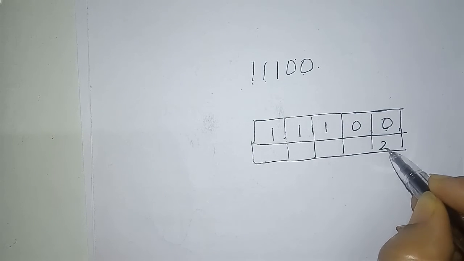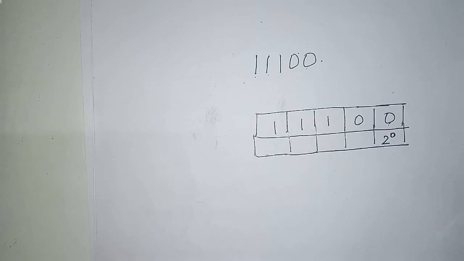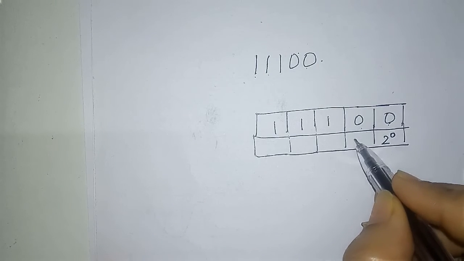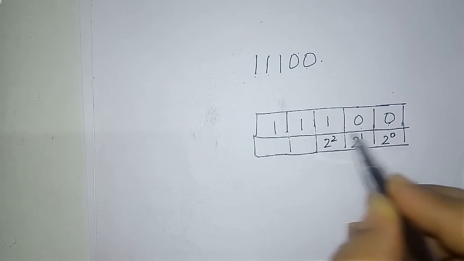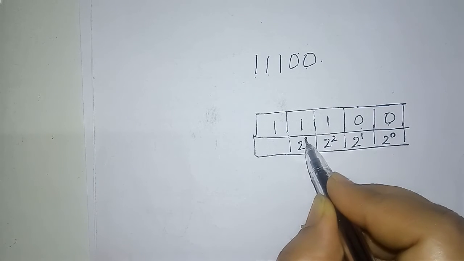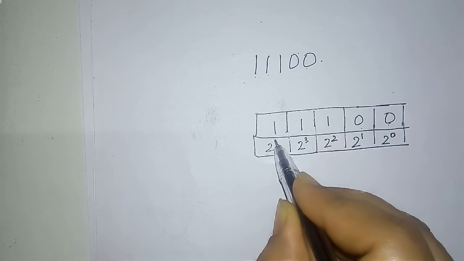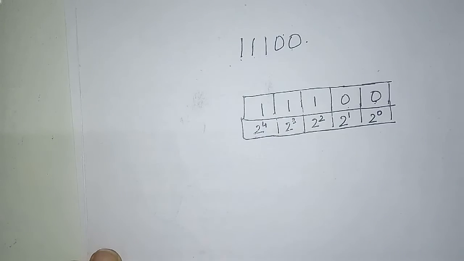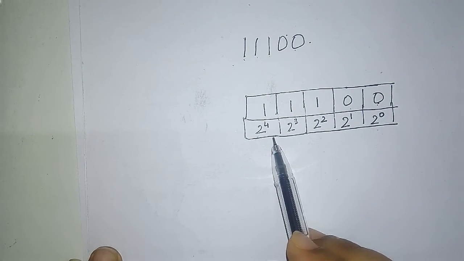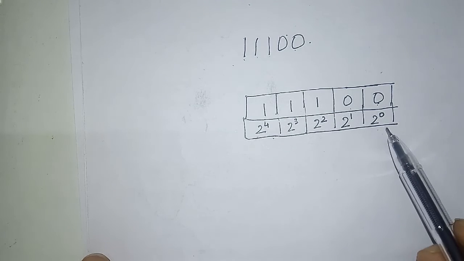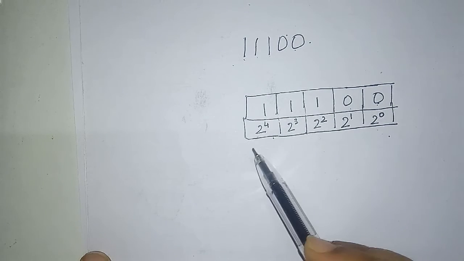So we provide it the value of 2 to the power 0. The next digit will have the value of 2 to the power 1, the next one will have 2 to the power 2, the next one 2 to the power 3, and the last one will have 2 to the power of 4. In this manner we keep on moving and providing them the positional values from the least significant bit to the most significant bit.